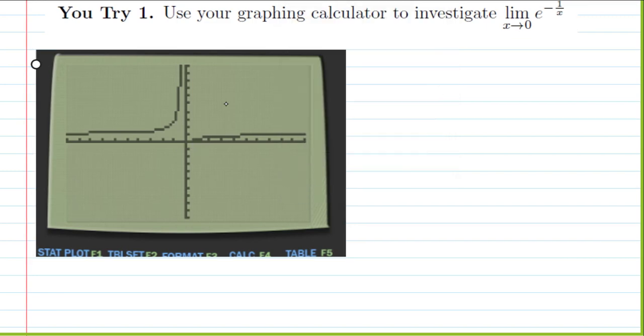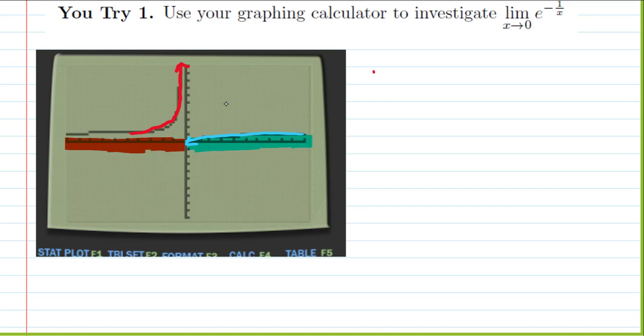So it appears as we get close to x equals 0 from the left, our graph goes up and up and up forever. It shoots off up to +infinity. And as we get close to 0 from the right, our graph seems to be getting close here.